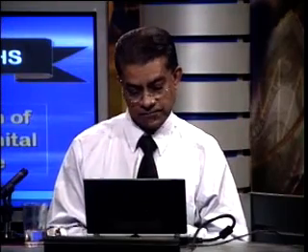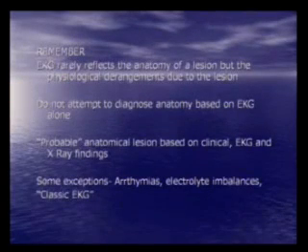Therefore, in the setting of cyanotic congenital heart disease, do not attempt to diagnose the anatomy based on ECG alone. For example, do not look at an ECG and say this is tetralogy, because even transposition with VSD-PS will have the same ECG as tetralogy.